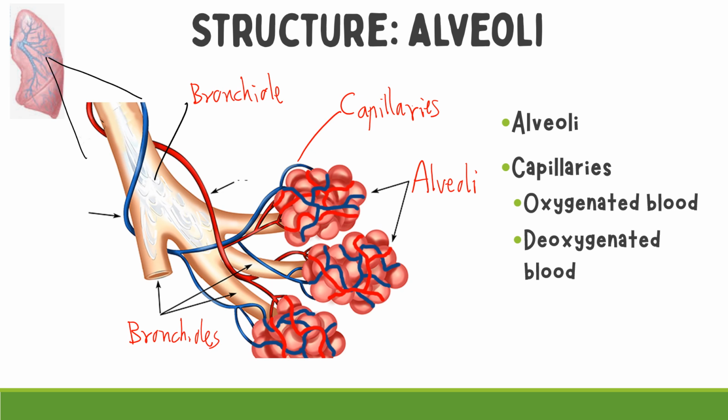And so the capillaries wrap around them really tightly. And the red capillaries are carrying the freshly oxygenated blood. And then the dark blue capillaries are carrying deoxygenated blood, which needs to have fresh oxygen added to it.